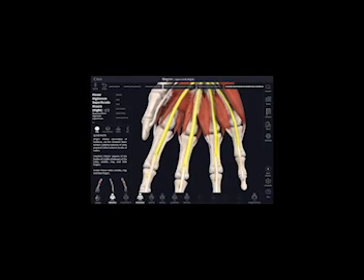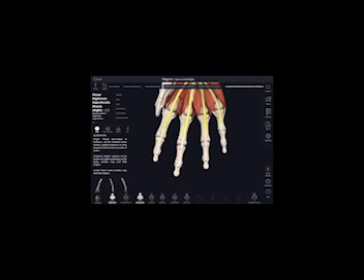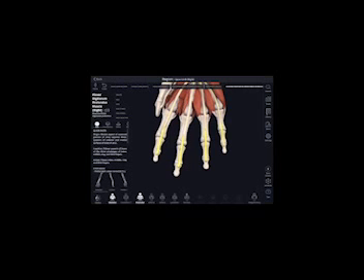Do they have a function at the distal end? Are they able to flex at the DIP joint? No, because it only goes to here. They can do PIP joint flexion, but they cannot do DIP flexion. Then who does the DIP flexion? This one right here is the flexor digitorum profundus that we're going to see in the third layer.